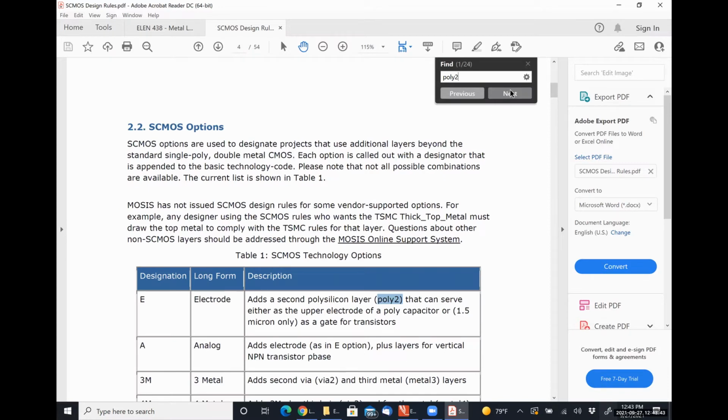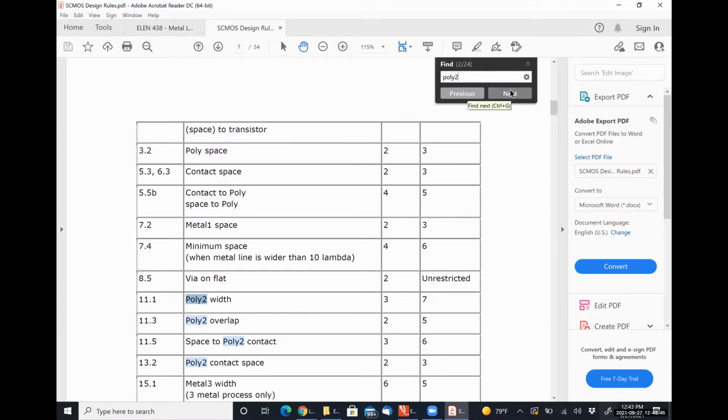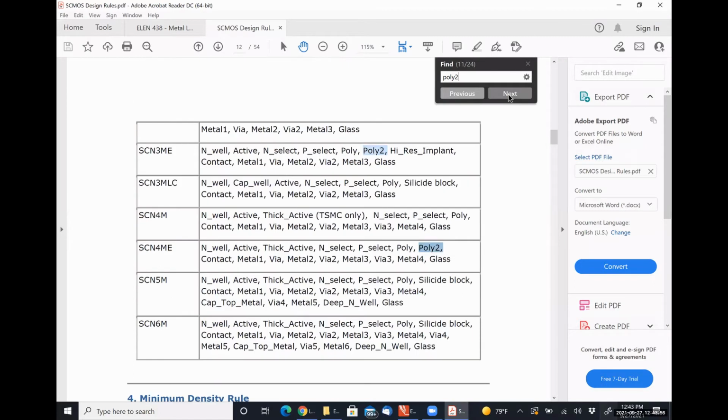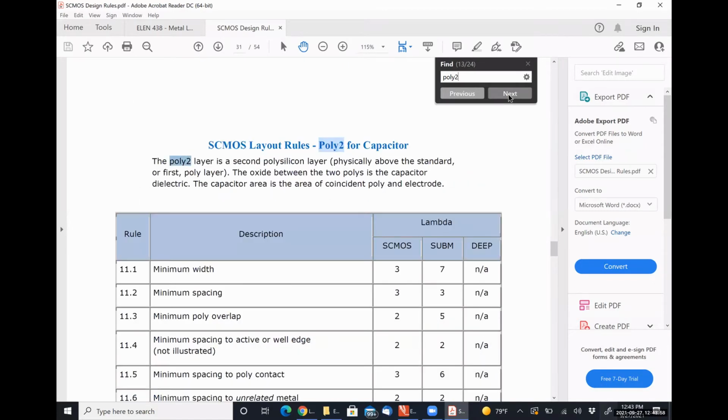Nope, next. Probably 11. Poly 2 for capacitors is probably where we should be.